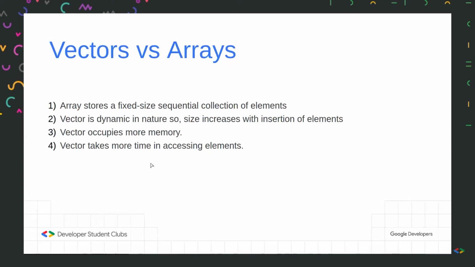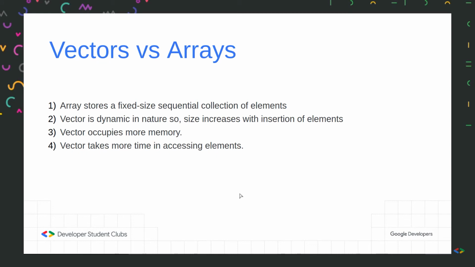So basically, an array stores a fixed size sequential collection, as I explained, and a vector is dynamic in nature, so the size increases. But vectors occupy more memory in our RAM.